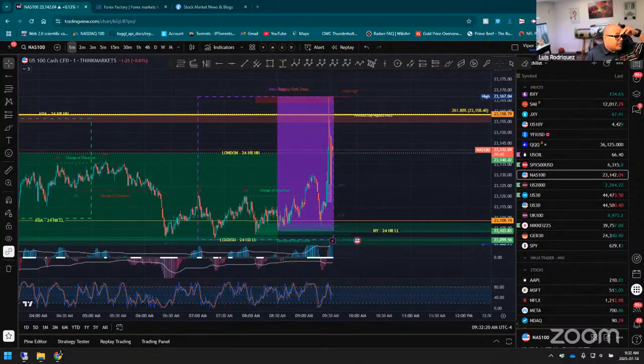The market is going all over the place right now. Something happened with this movement, like pre-market opens, and it's literally going crazy everywhere.